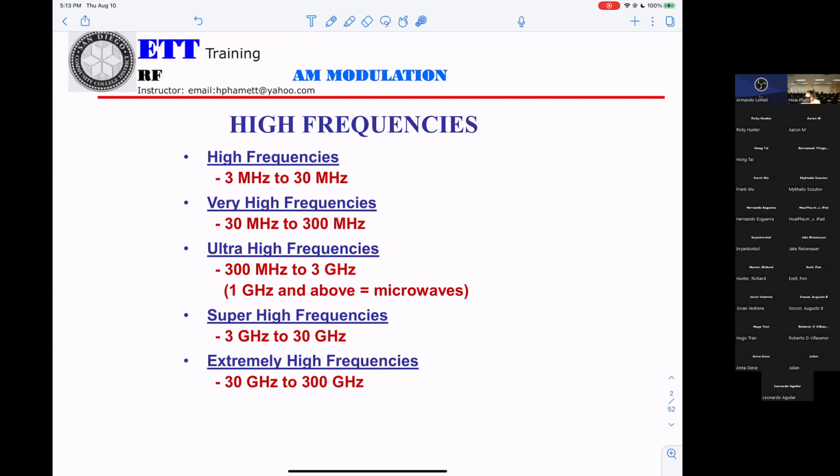High frequency, that means from 3 megahertz to 30 megahertz. Very high frequency, 30 megahertz up to 300 megahertz. Ultra high frequency, 300 megahertz up to 3 gigahertz. Super high, okay, 3 gigahertz up to 30 gigahertz. And the last one, extremely high, 30 gigahertz up to 300 gigahertz.